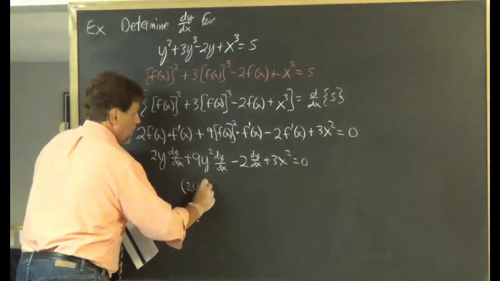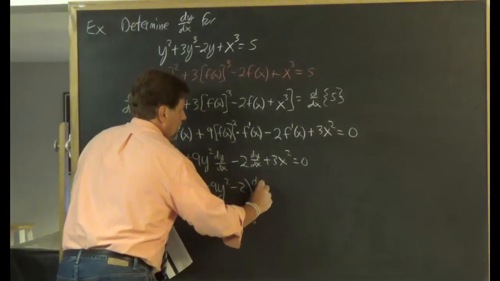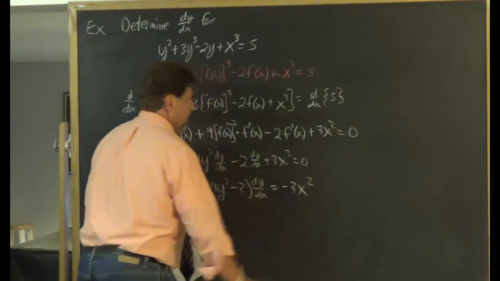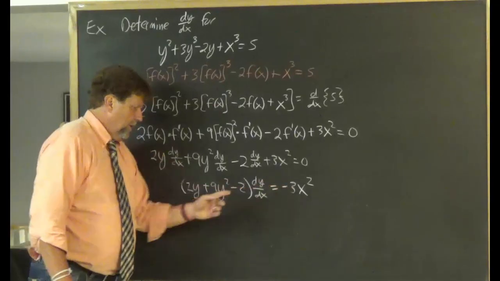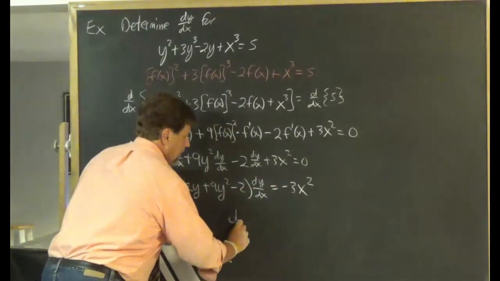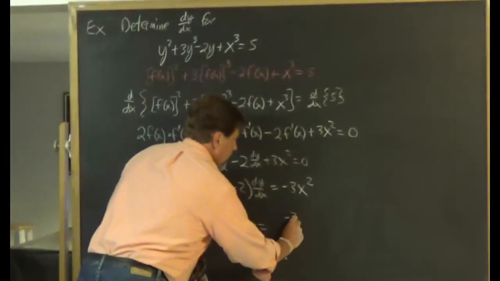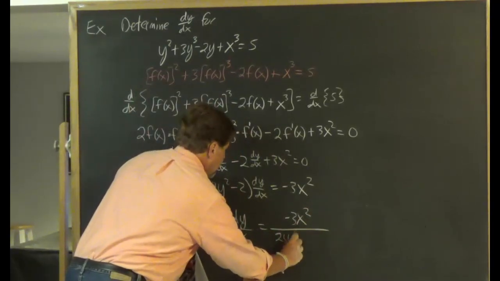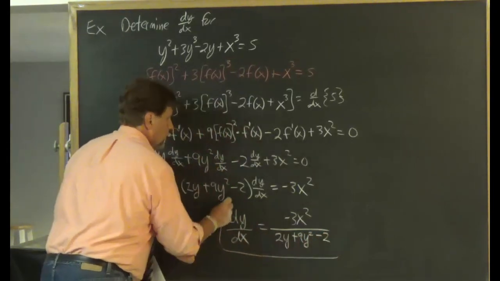And I have 2y plus 9y squared minus 2, times dy/dx, equals negative 3x squared. So then my final step is to divide both sides of the equation by 2y plus 9y squared minus 2 to get dy/dx equals negative 3x squared over 2y plus 9y squared minus 2.